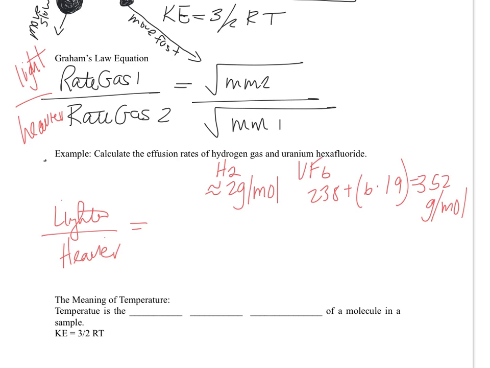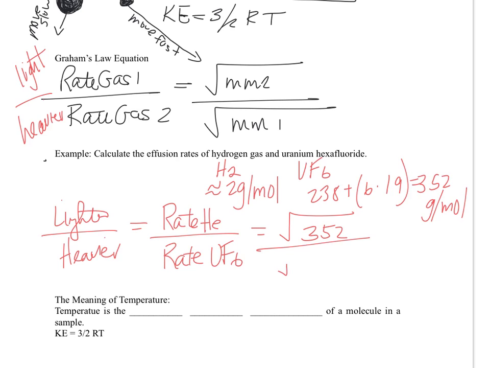So rate of gas 1, so we're going to put rate of H2, and then rate of UF6 is equal to the square root of 352 over the square root of 2. So that's 13.3. So what does that tell me?